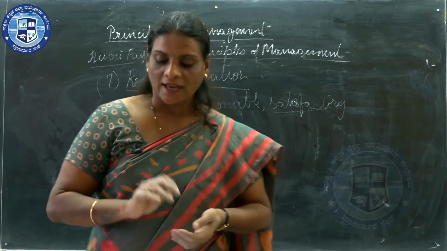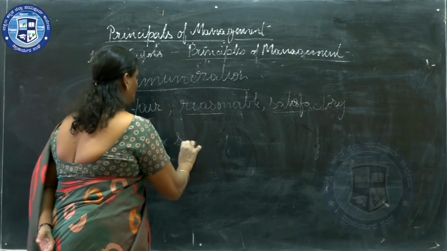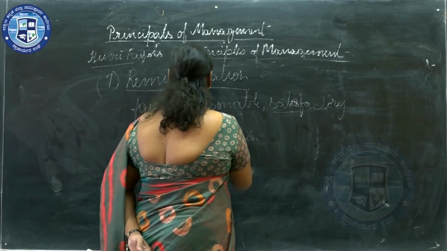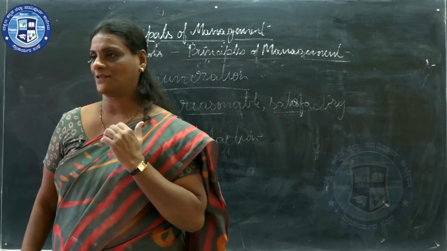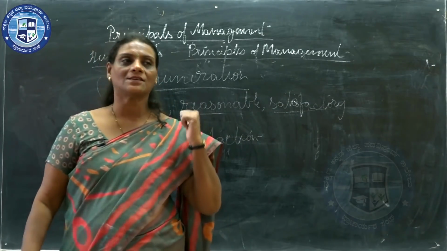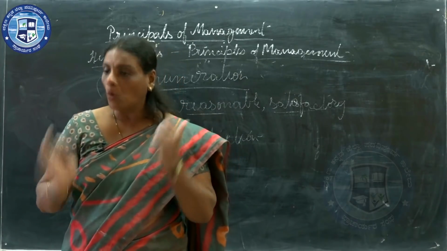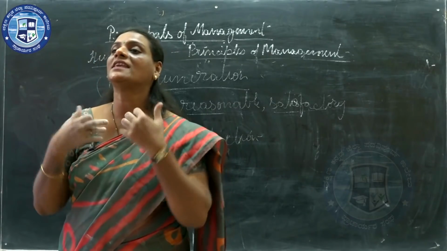Okay. Next one, it should be giving him maximum satisfaction. When a worker is fully satisfied with whatever he is getting in return, he will be happy and will put in more effort, working with full enthusiasm and zeal and giving his best.